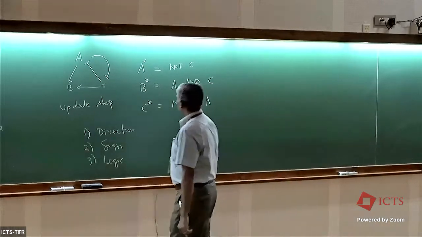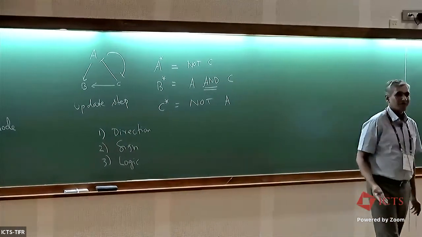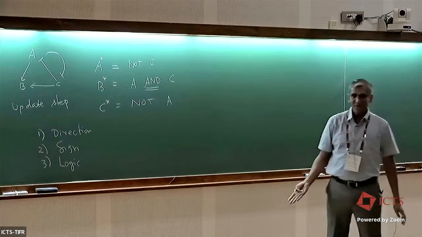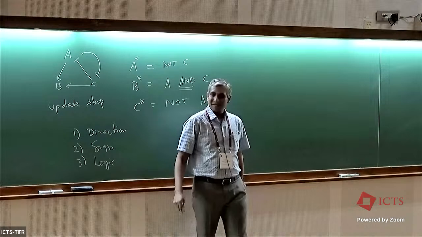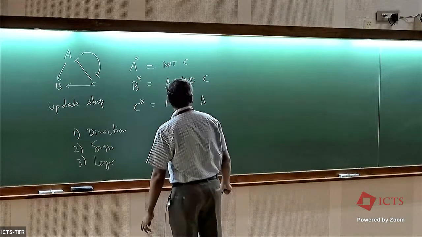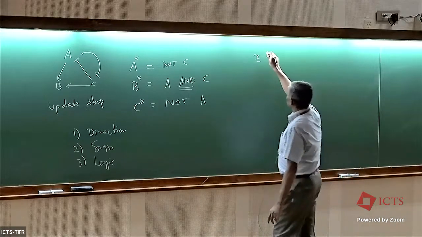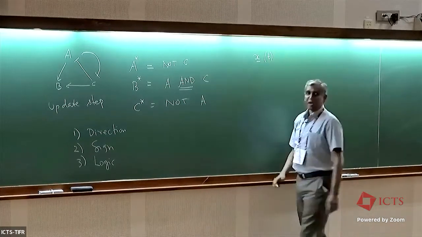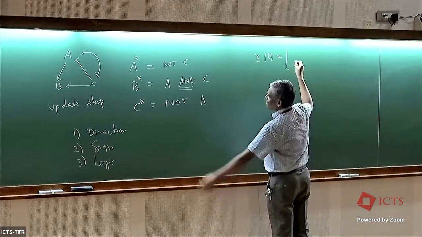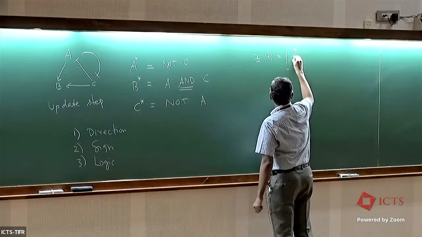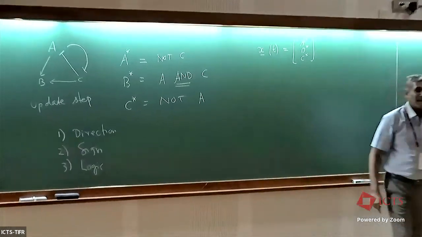Okay, so what I've done is essentially written down the Boolean functions for the activation of 3 nodes. And once I have the Boolean function, I'm all set for doing the Boolean simulations. So if I now define a vector x as a function of time, and this is essentially the values A star, B star, and C star.